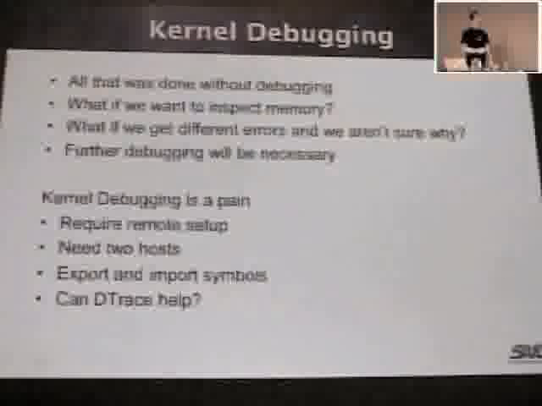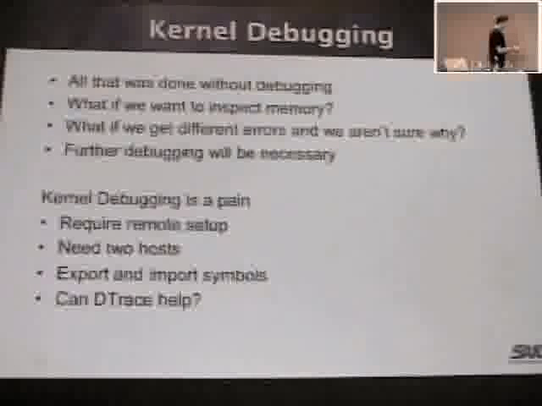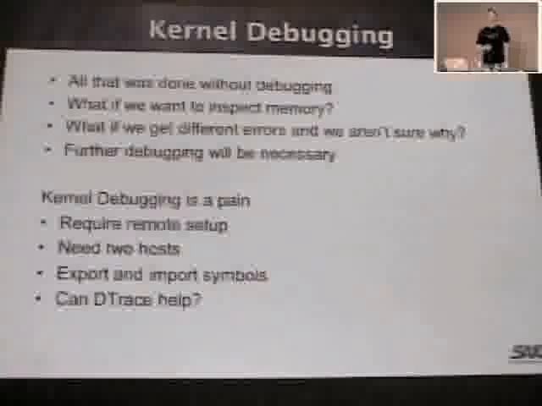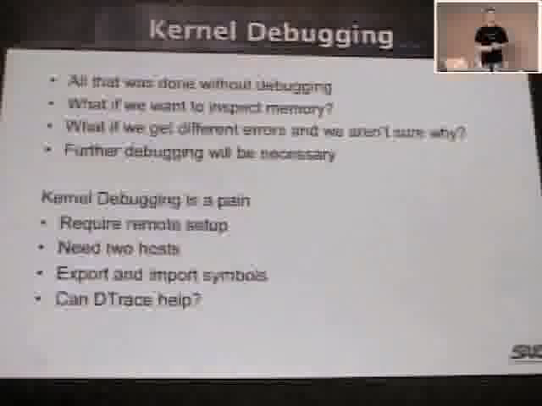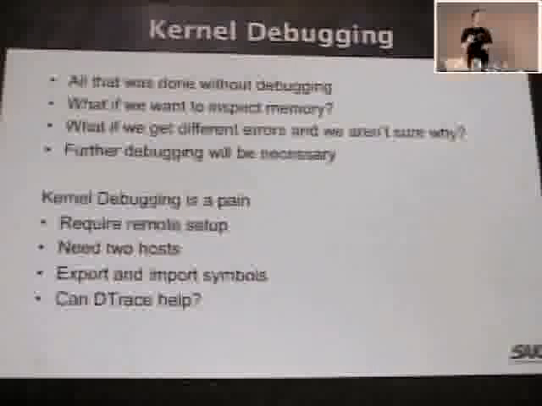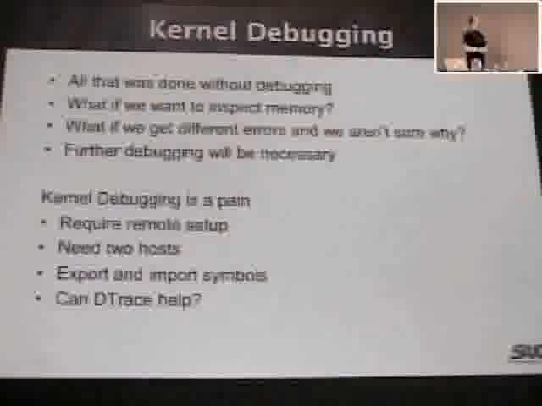Now the problem is that you need to do remote debugging because you have to try and reproduce this problem. We were hoping that with DTrace, because it can trace kernel calls, you'd be able to somehow make this a lot easier. So we would not need to set up a remote debugger. Let's just trace the kernel calls, look at the function parameters, and see what's happening. So I tried doing this, right?